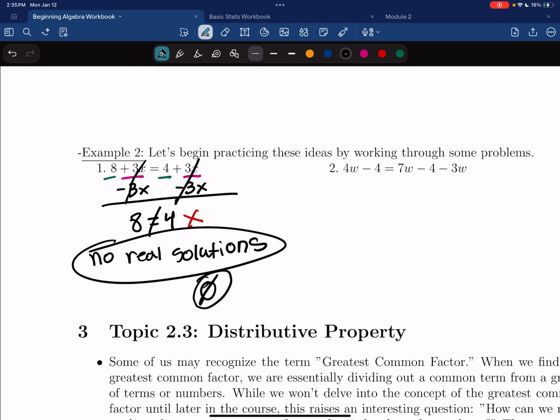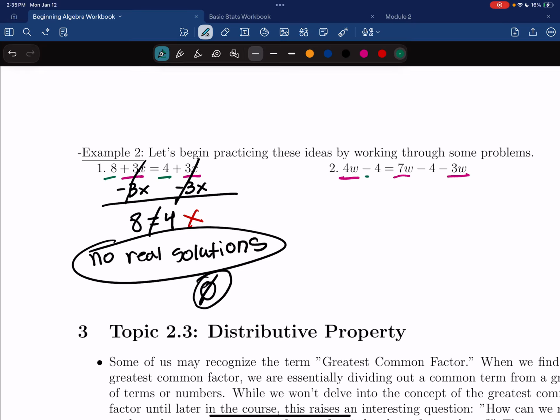Looking at example number 2, we have 4w minus 4 equals 7w minus 4 minus 3w. So we have a little bit more going on in this equation, but let's work through it. So let's first identify our like terms. We have 4w, 7w, and negative 3w.